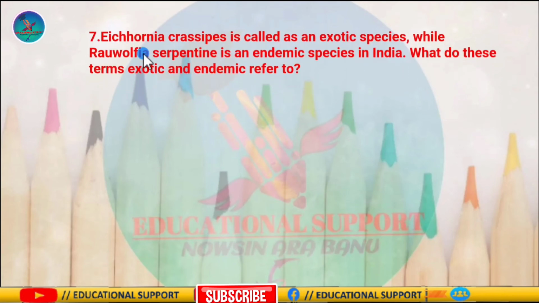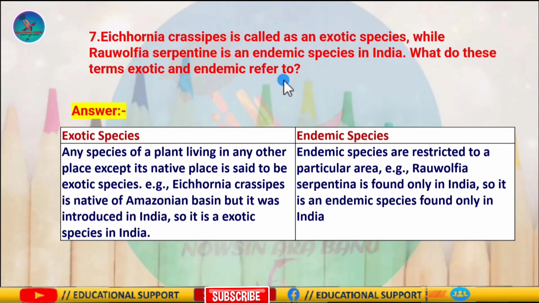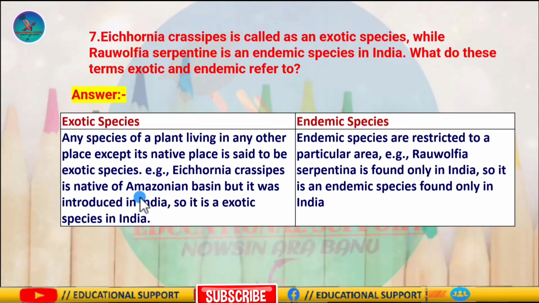Next question is: Eichhornia crassipes is called an exotic species, while Rauwolfia serpentina is an endemic species in India. What do the terms exotic and endemic refer to? Any species of a plant living in any place except its native place is said to be an exotic species.